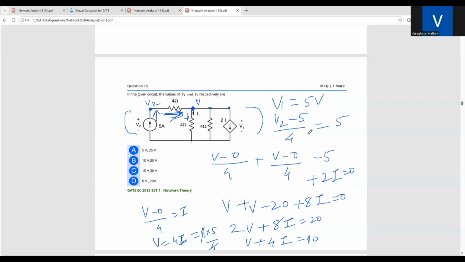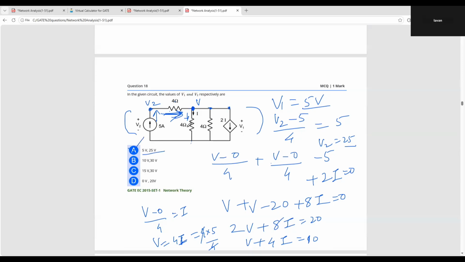So what is V2? 20 plus 5, 25. So V2 is 25. So the answer is V1 is 5, V2 is 25.